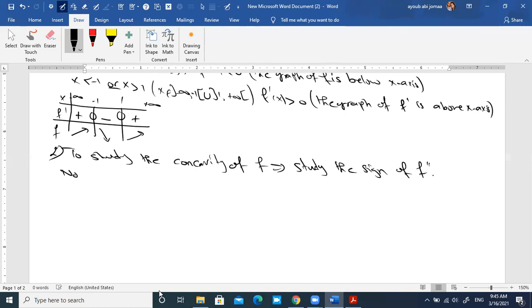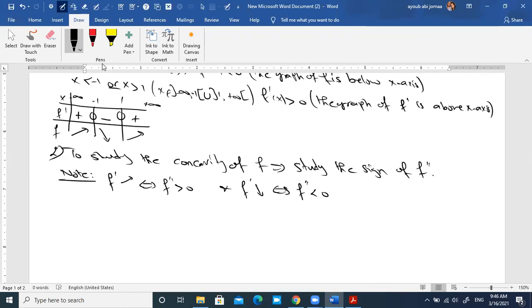Note: if f prime is increasing, it means that f double prime is positive, and if f prime is decreasing, then it is equivalent to say that f double prime is negative.